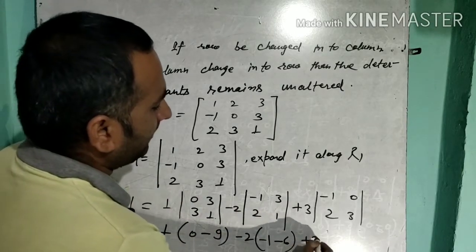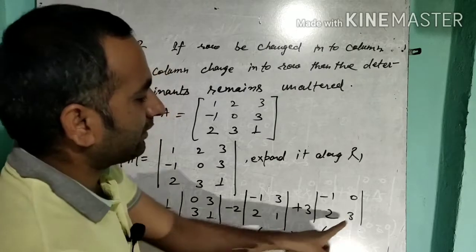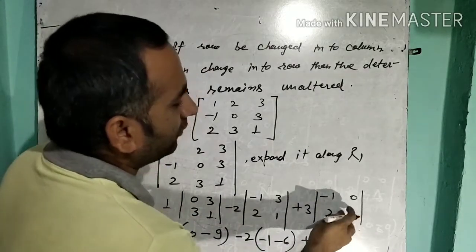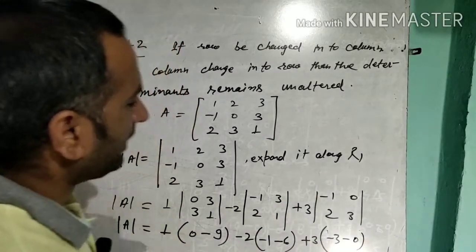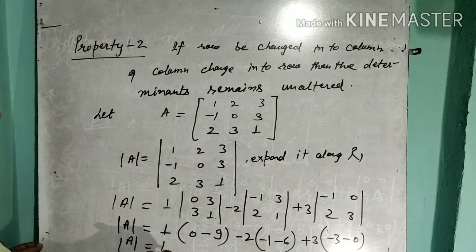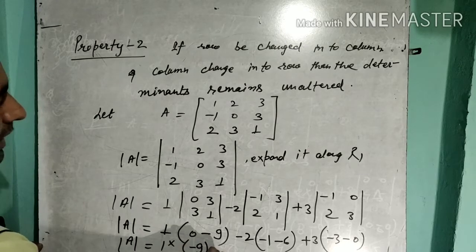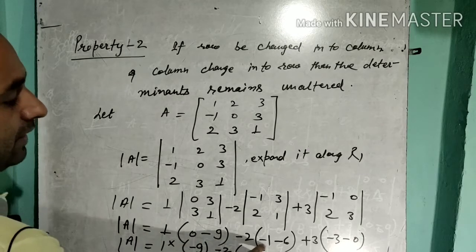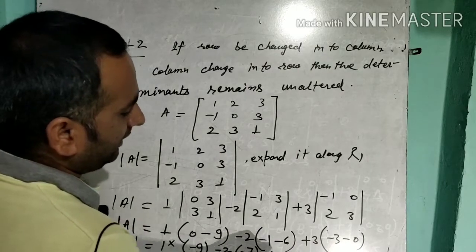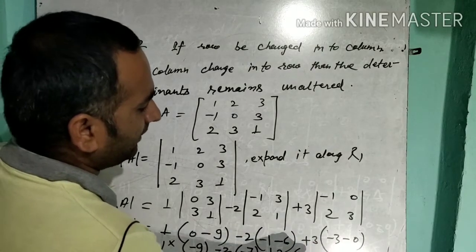Now plus 3 times, 3 multiplied with minus 1 is minus 3, and minus 2 multiplied with 0 is 0. So determinant of A is 1 into minus 9, and minus 2 multiplied with minus 1 minus 6, which is minus 7, and now plus 3 multiplied with minus 3.